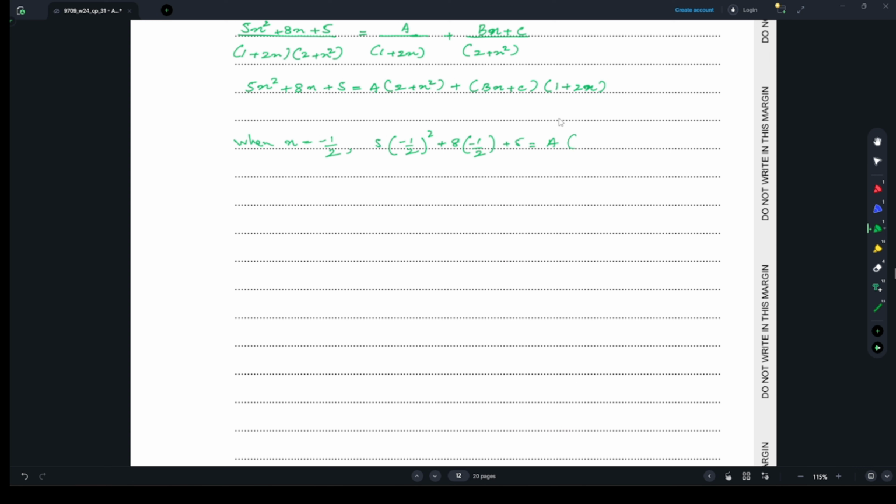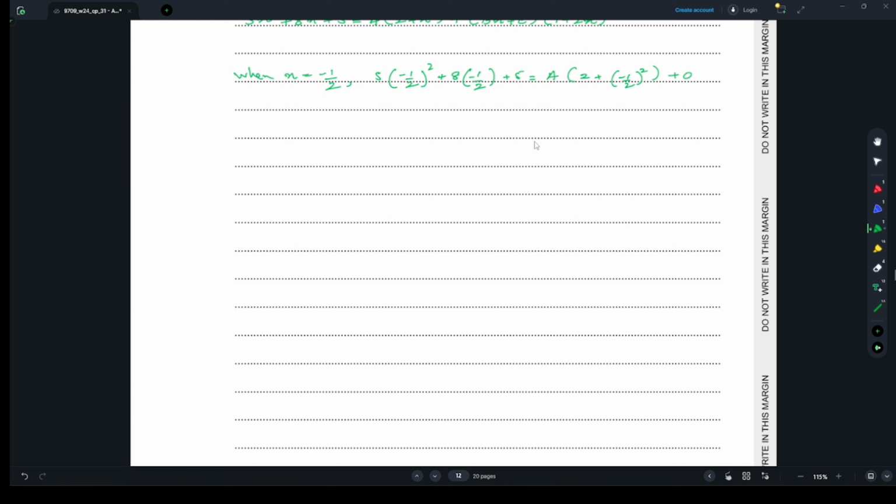So I have only this, a times (2 plus (minus half) squared), and plus 0 here. So you can simplify a bit here. So here we have 5 over 4 minus 4 plus 5 equals a times (2 plus 1 over 4). Okay, so by simplifying this, you will receive a equals 1.